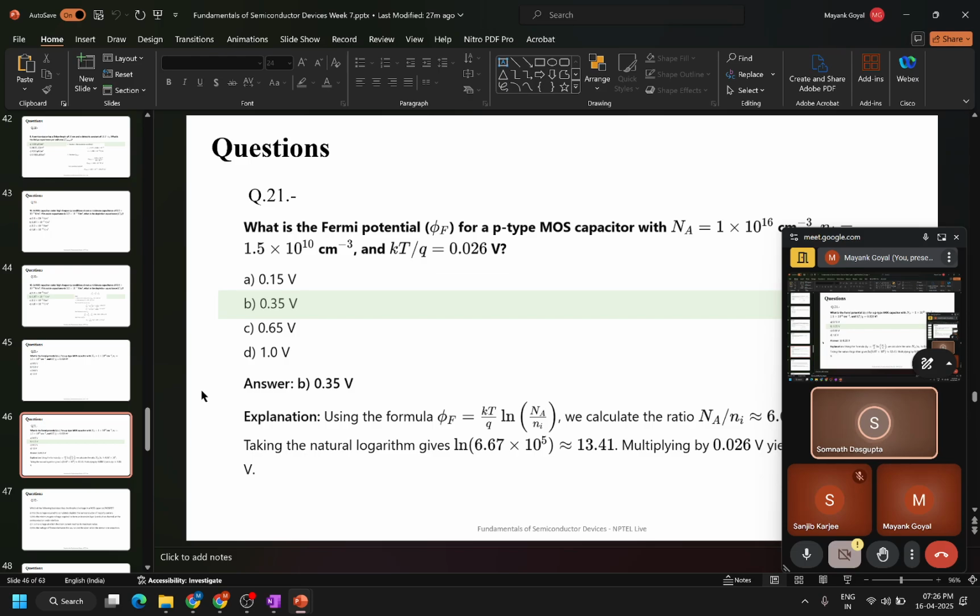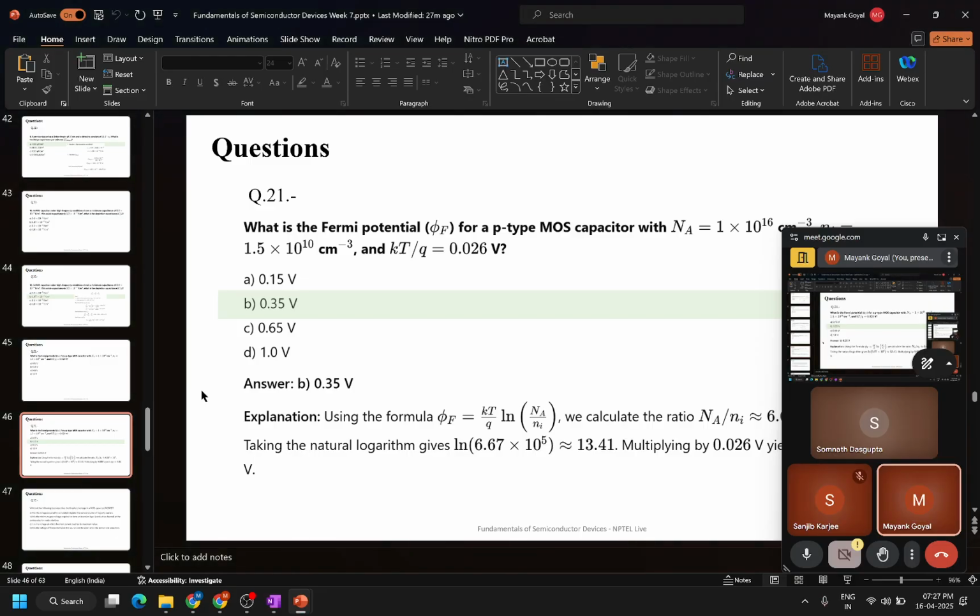Sir, in the exam, I think assignment is very important, as the teaching assistant told us. Yes, sir, because the assignment is made by the professor, and he is also making the exam questions.